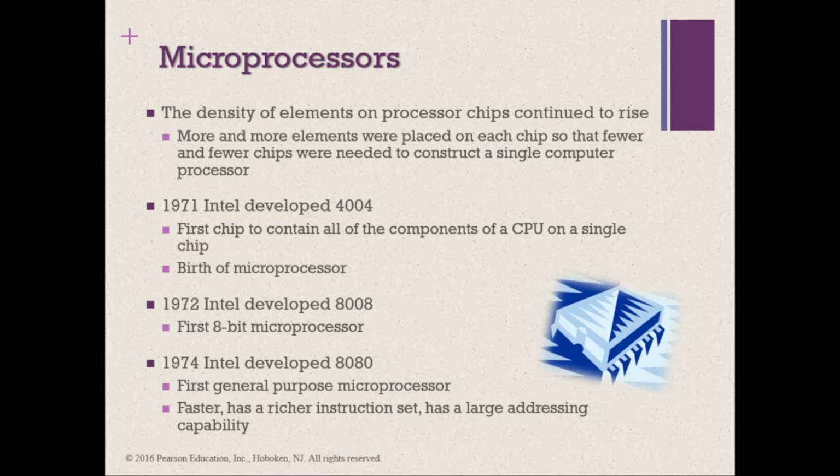The 4004 can add two 4-bit numbers and can multiply only by repeated addition. By today's standards, the 4004 is hopelessly primitive, or Jurassic, but it marked the beginning of a continuing evolution of microprocessor capability and power. This evolution can be seen most easily in the number of bits that the processor deals with at a time.